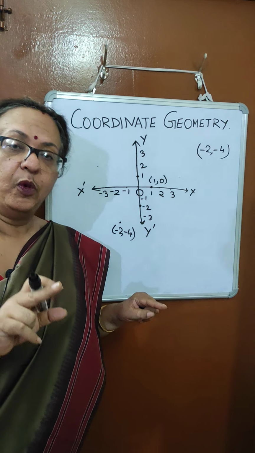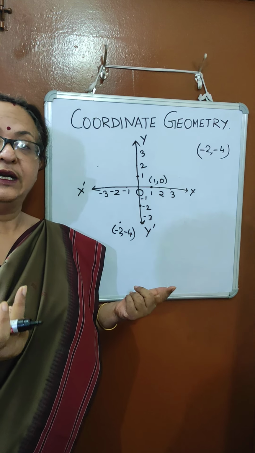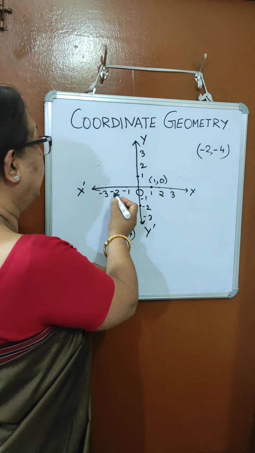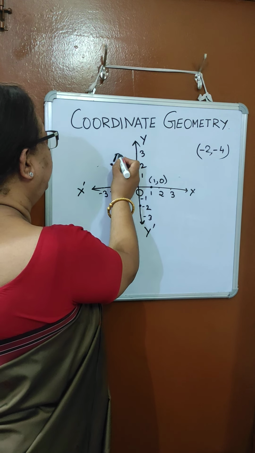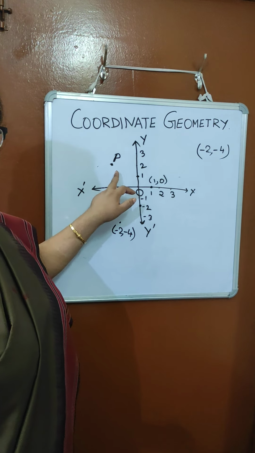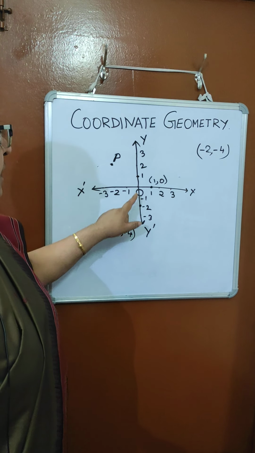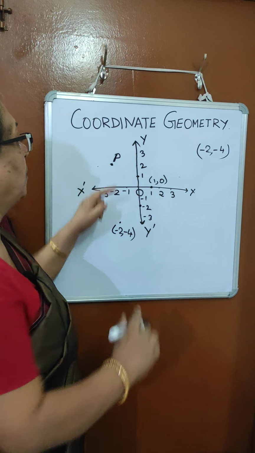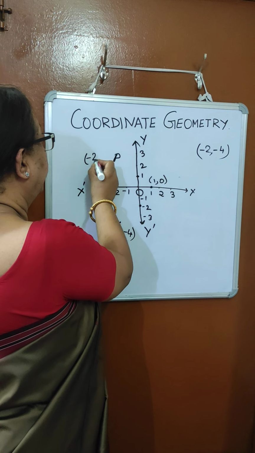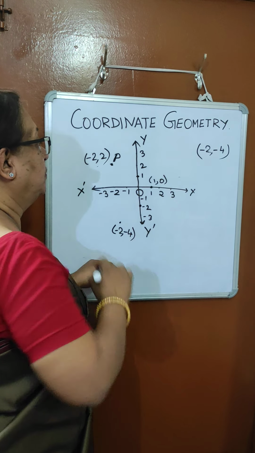Now suppose a point is given, can you write its coordinates? Suppose I point to this one, point P. What are the coordinates of point P? On the x-axis -2 and then 2. So the coordinates of P are -2 and 2.